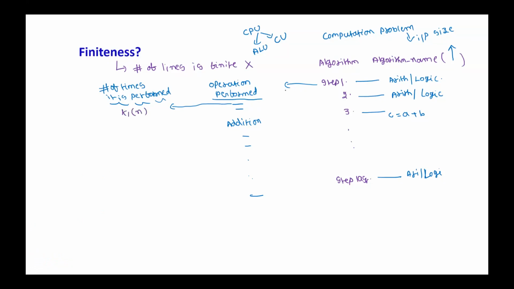In the second step, the operation, say subtraction or addition, is performed T2 of n times. In the third step, addition is performed T3 of n times. In the last step, whatever operation is performed, it is performed T last of n times.